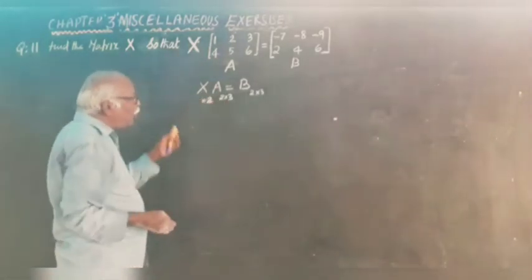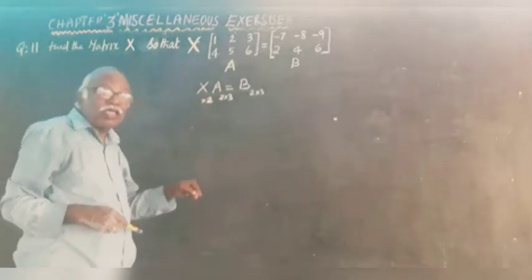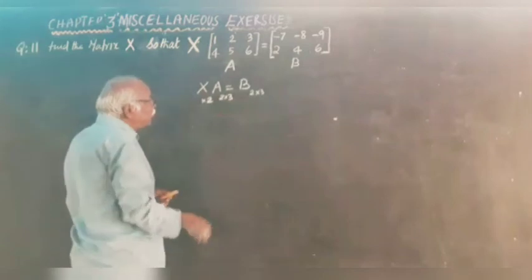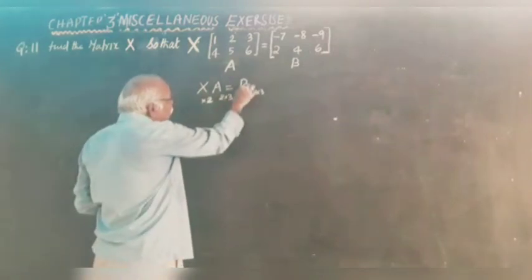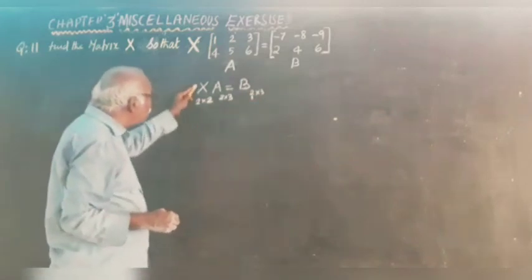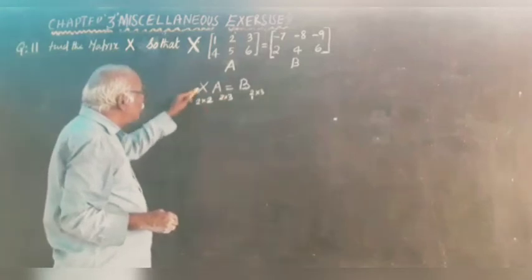Now, we don't know how many rows X has. Since the answer matrix B has 2 rows, X matrix also has 2 rows. So the order of the matrix X is 2 by 2.